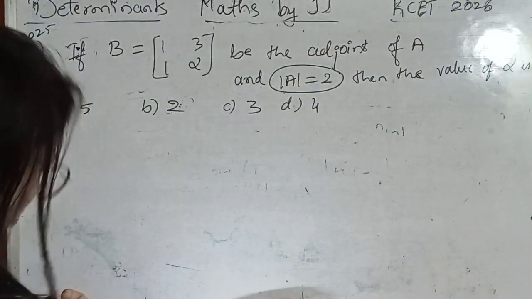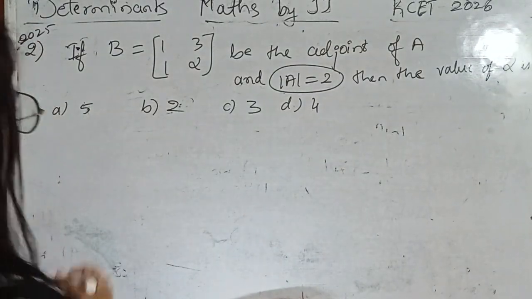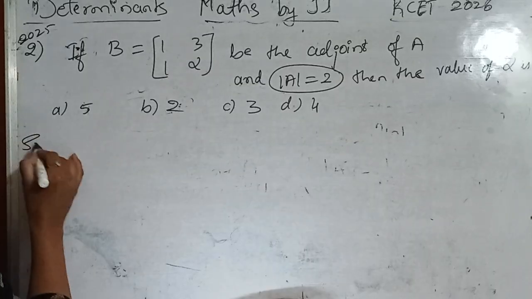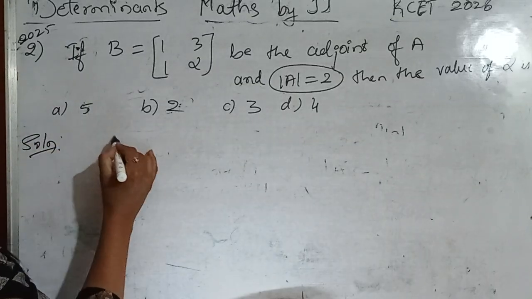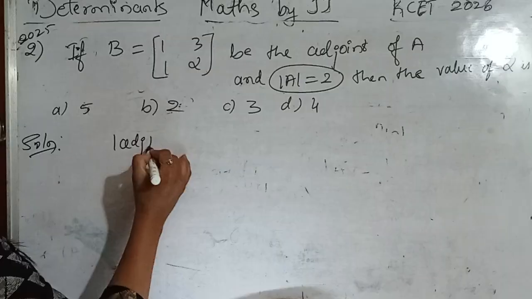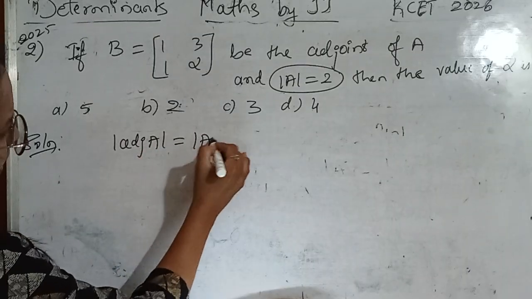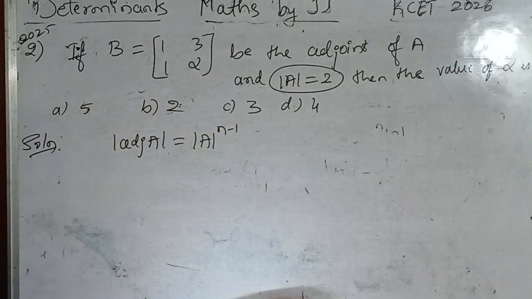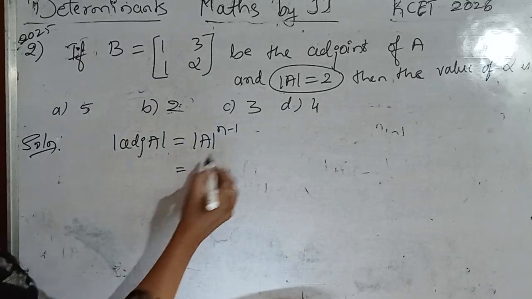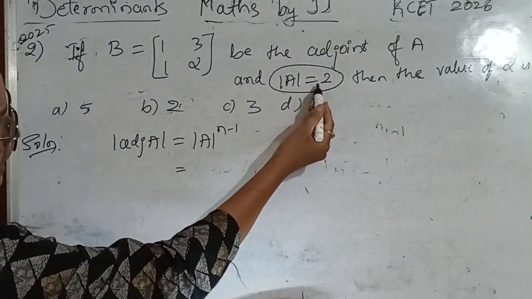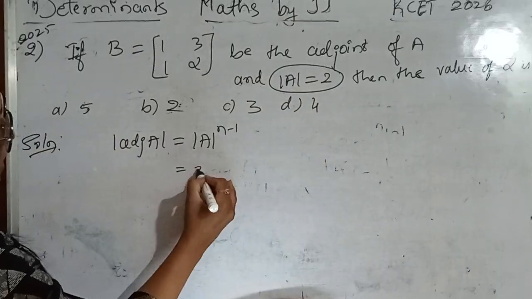Basically, what should we do now? You remember a formula, which we have given in the synopsis: determinant of adjoint of A is always determinant of A to the power n minus 1. What have they given as the determinant of A? This is 2.